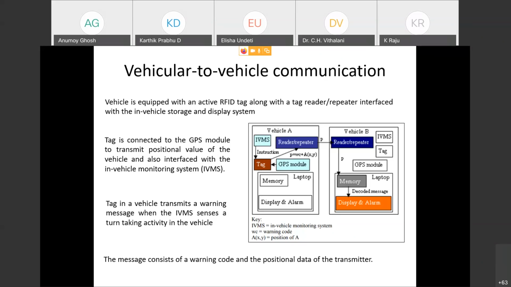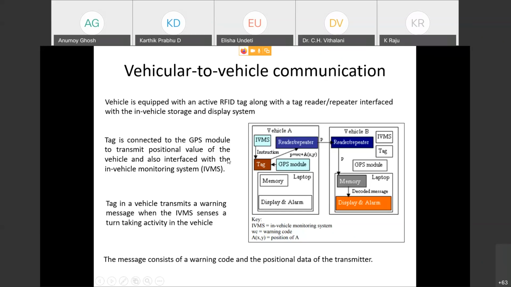So in that case, the in-vehicle monitoring system gives an instruction to the tag that I'm going to take a turn.